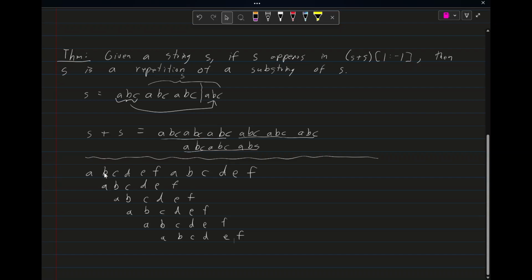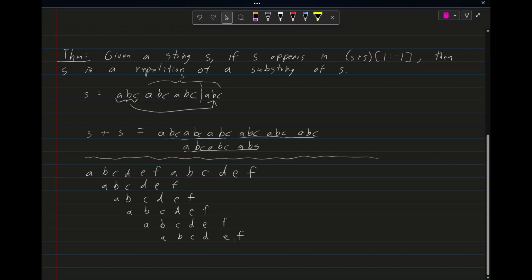If it is the case that S appears just offset by 1 within S plus S, then that means the character B equals A. So the character A equals B, but then we also know that B equals C, C equals D, D equals E, E equals F, F equals A equals B. So all of these characters are the same.